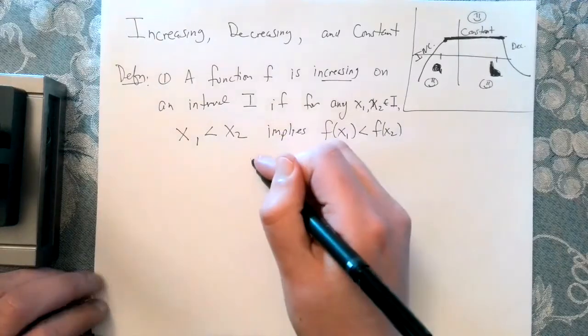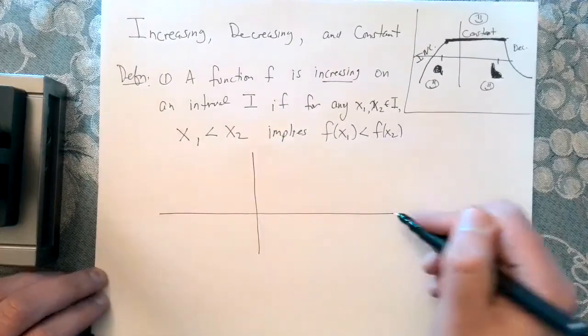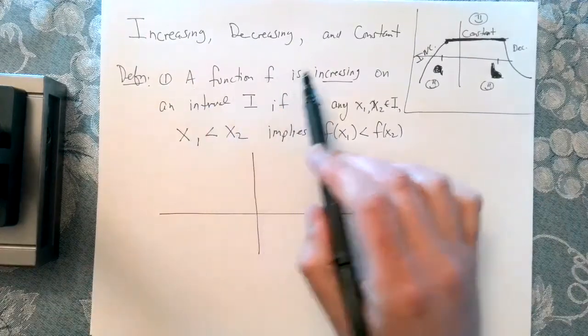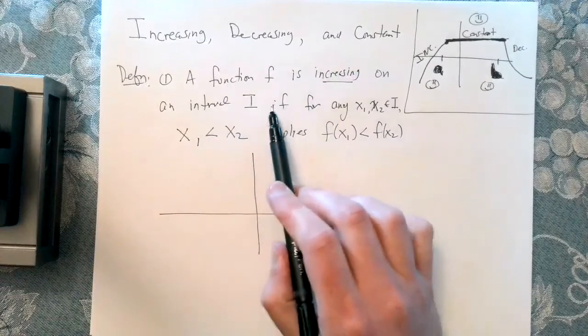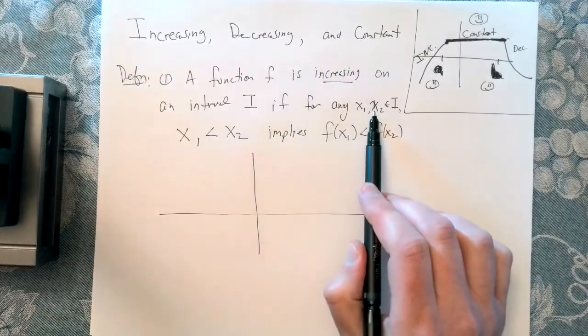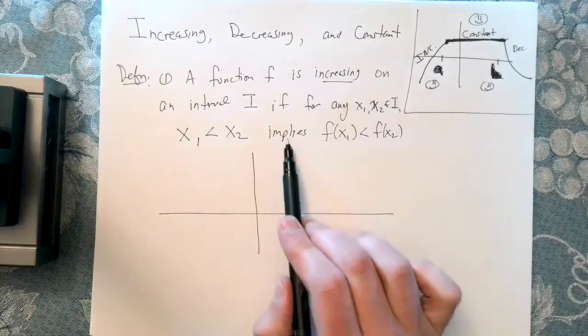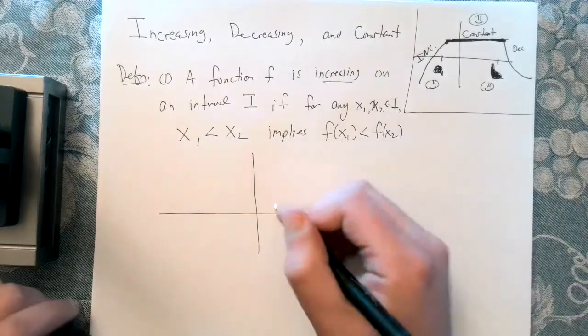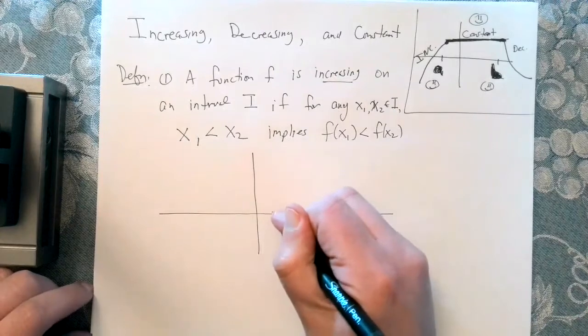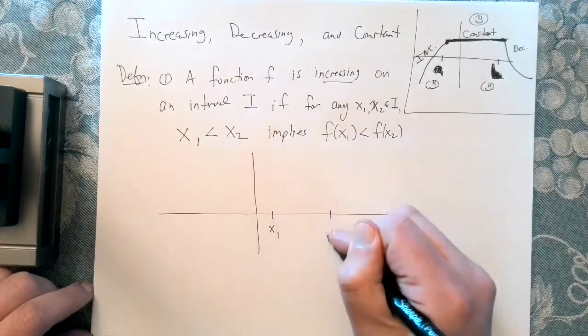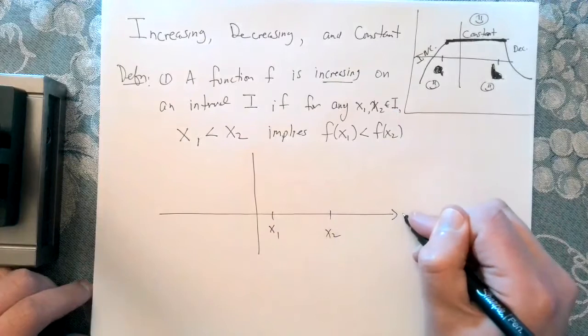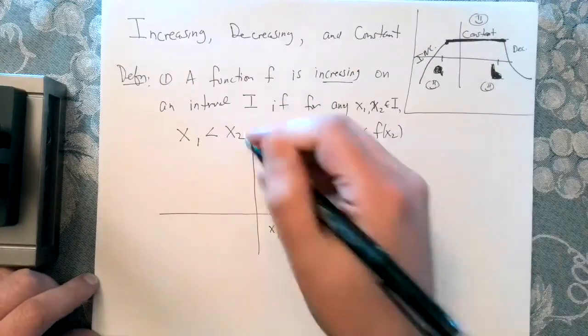Okay, so what does that mean in a picture? So let's say it again. A function f is increasing on an interval I if for any x1 and x2 in the interval I, this inequality implies this inequality. Okay, so let's see how that gives us increasing. So let's say here's x1, let's say here's x2. And then we want the corresponding y values, right?